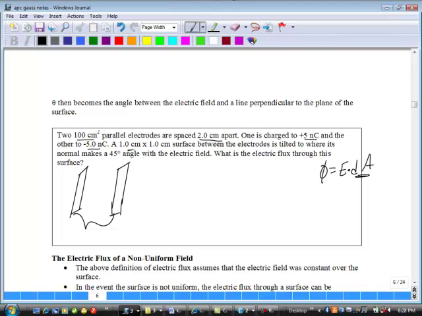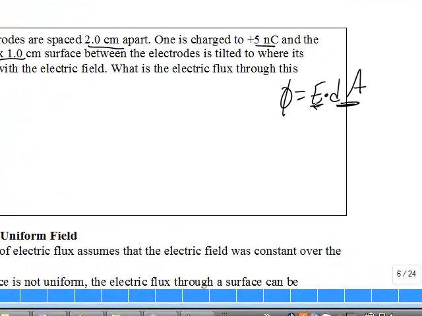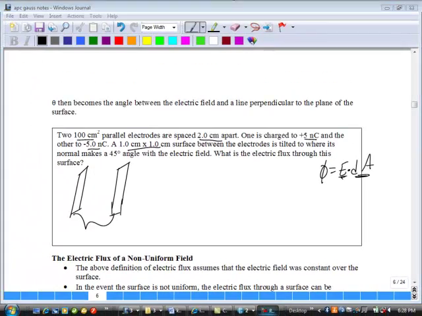I've got the area because I know what's going to be between them. I somehow have to get that electric field. And so how am I going to get that electric field? I am thinking on how I get that electric field. And so let me pause this and then I will come back because I'm not exactly sure.